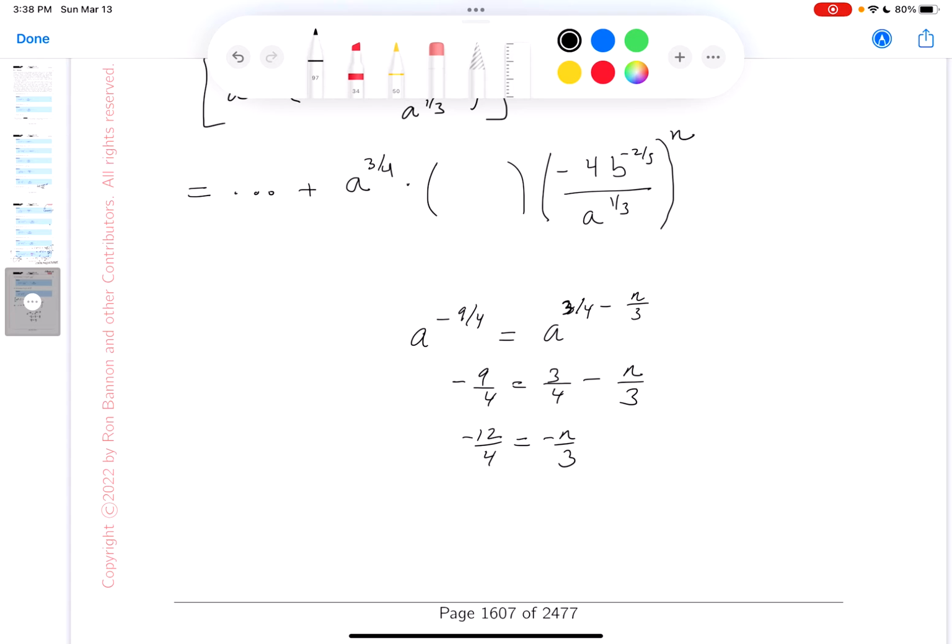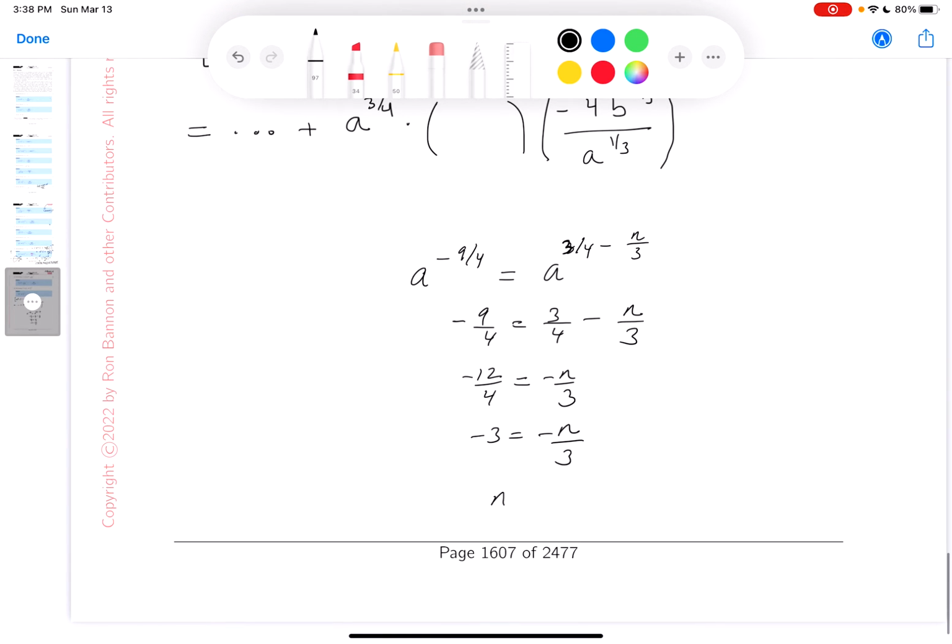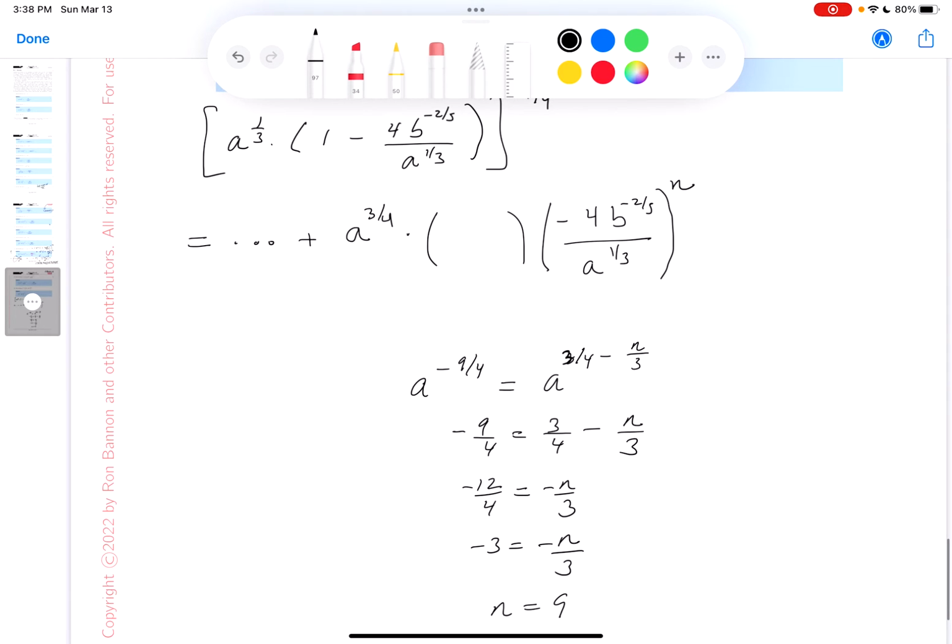And let's see. This is going to be minus 3 equals minus n over 3. So it looks like n has to be 9. Let's go back over here. I can get my eraser out. And I put the 9 there. All right, we'll check it later.